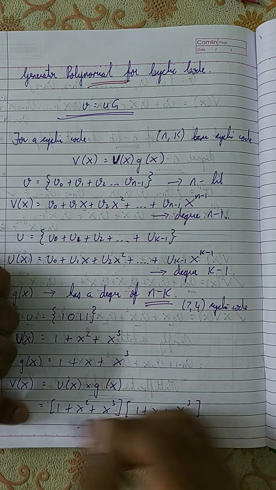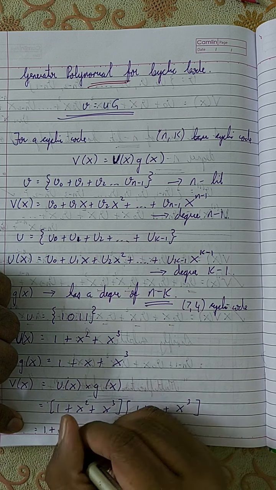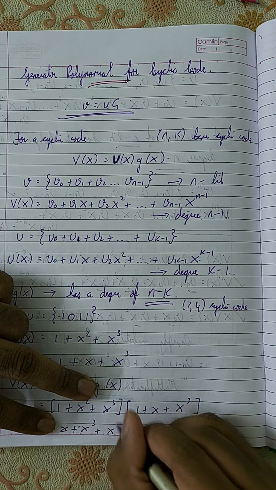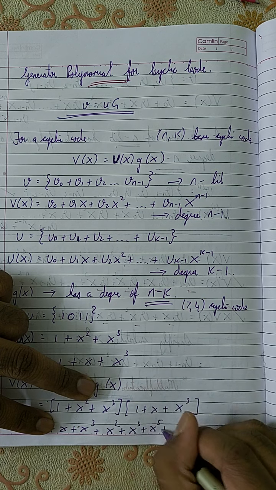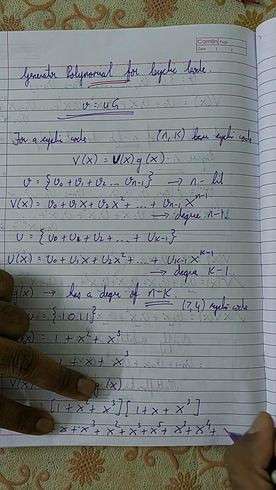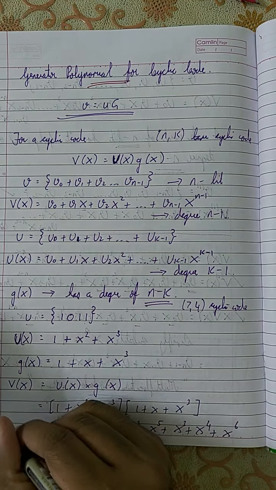If I cross multiply, I will get 1 plus x cube plus x square plus x raised to 5 plus x cube plus x raised to 4 plus x raised to 6. This is the polynomial v of x I'm getting.